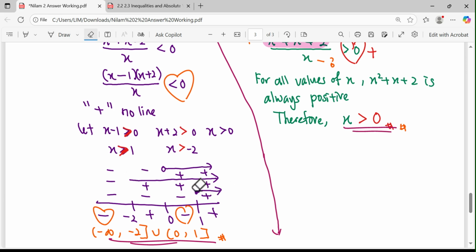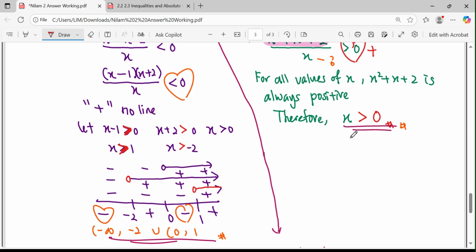This is supposed to be an empty circle. This is supposed to be an empty circle. Our question doesn't have equal, so don't put equal. If our question has equal, then we consider whether to put it in or not. The denominator confirm don't have.